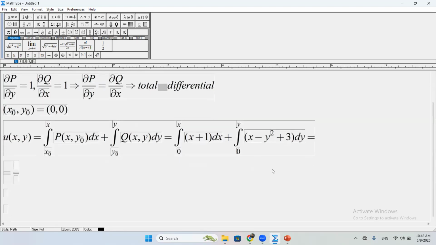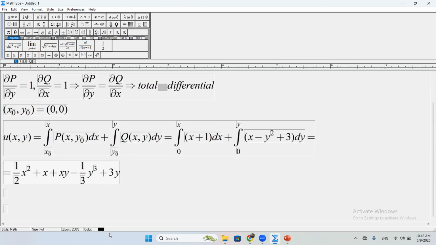So we have 1 over 2 x squared plus x plus xy minus 1 over 3 y cubed plus 3y.